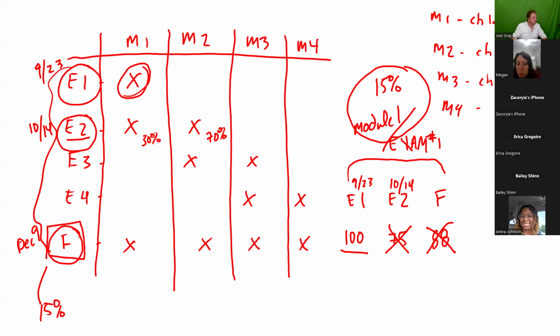Okay. So what I'm going to do is clear this and give you a situation where, if you have questions, basically what this means is every time you take an exam, it's an opportunity to bring up a previous exam grade.